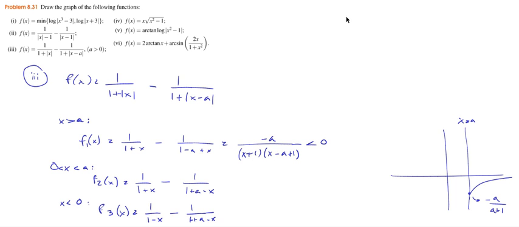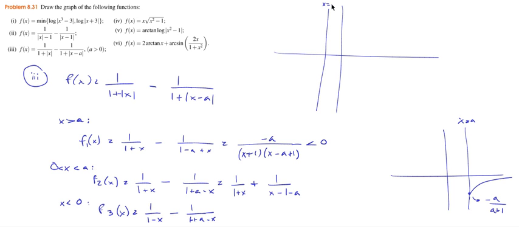This is over again. Let's say this function you can write as 1 over 1 plus x plus 1 over x minus 1 minus a. Again we have an asymptote here at minus 1, and this asymptote is at a plus 1.